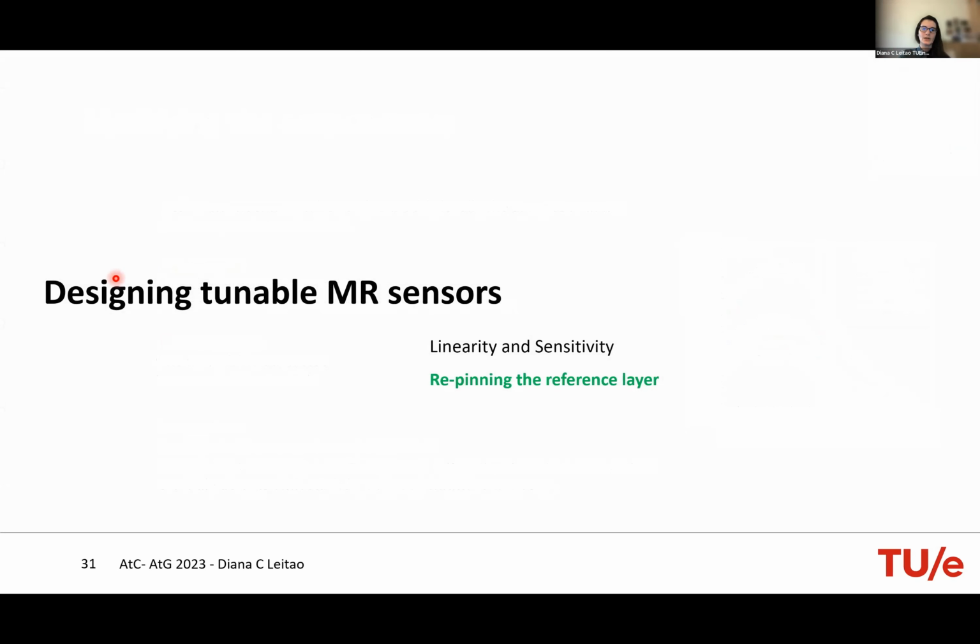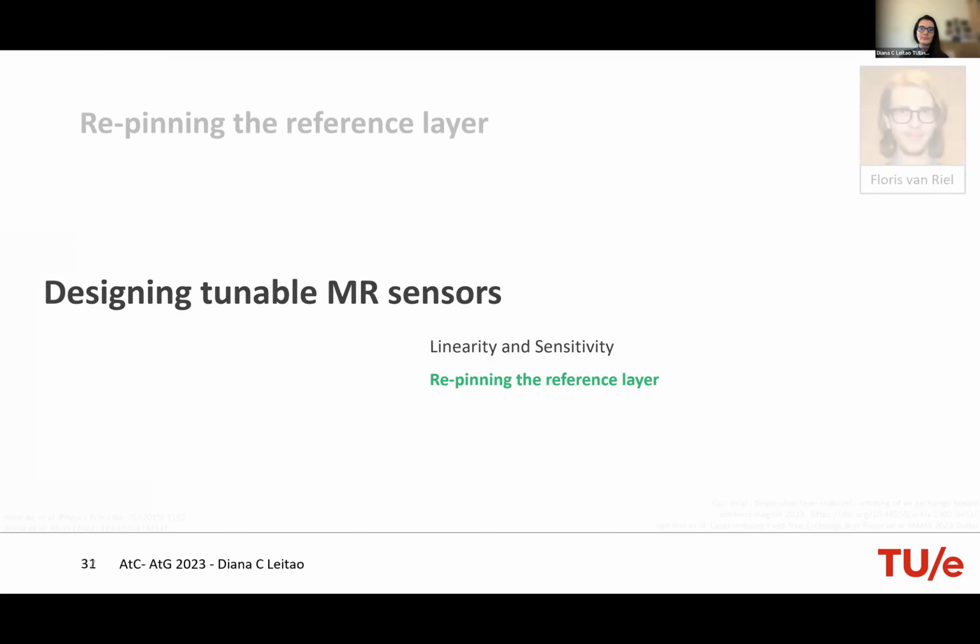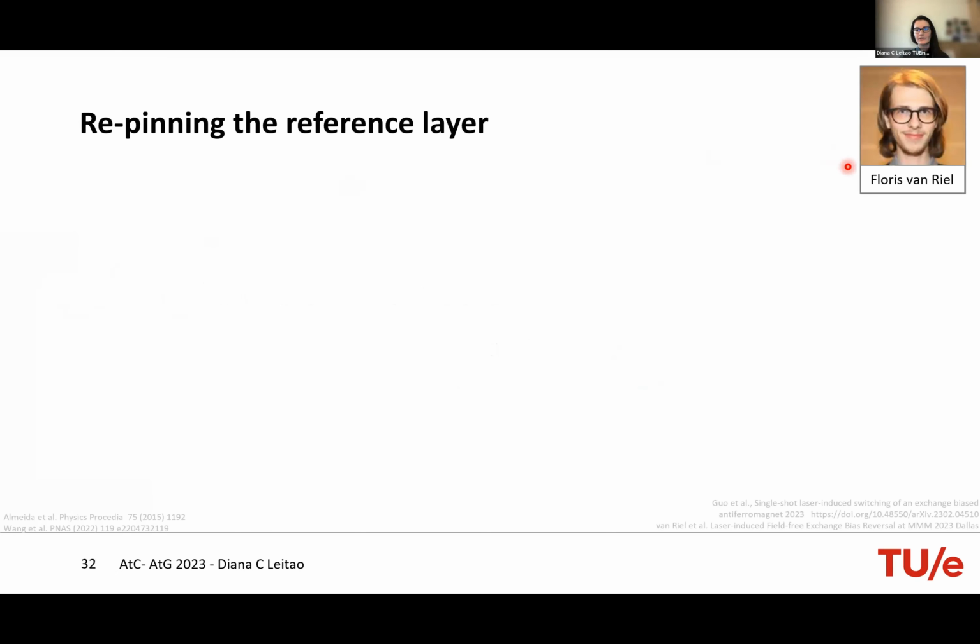So the final tunability point that I would like to talk about is an exploratory route on how to change the reference layer orientation. Here I have to bring the person that is doing the work, that is Floris.